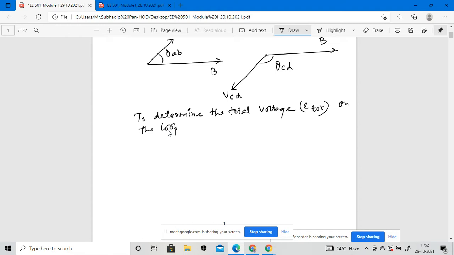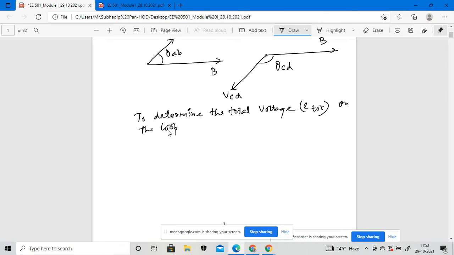First we choose the coil part AB, and then we choose the coil part CD. So when finding the total voltage, E total, we examine each segment of the loop separately and sum all the resulting voltages. So we have to give the voltage of each segment.